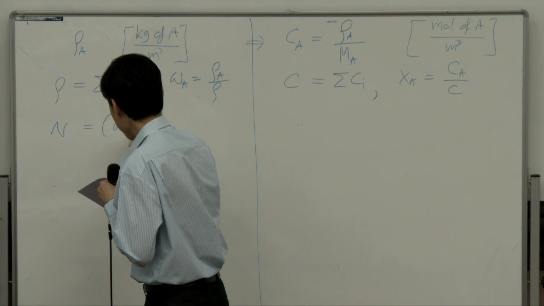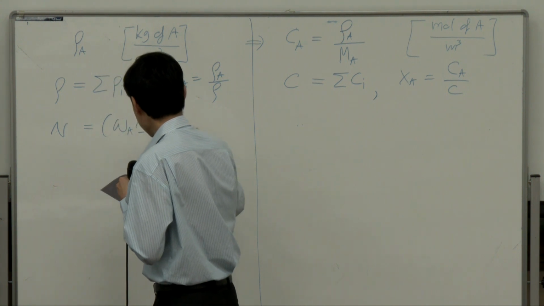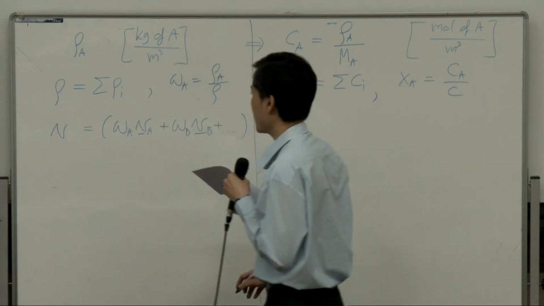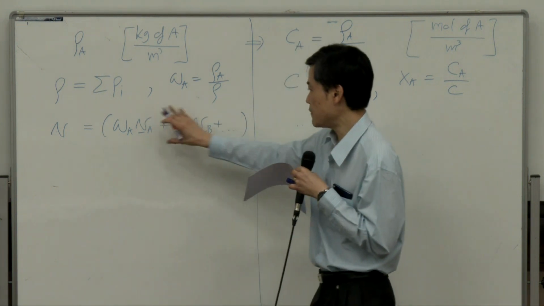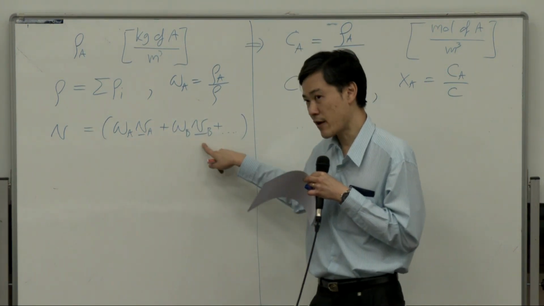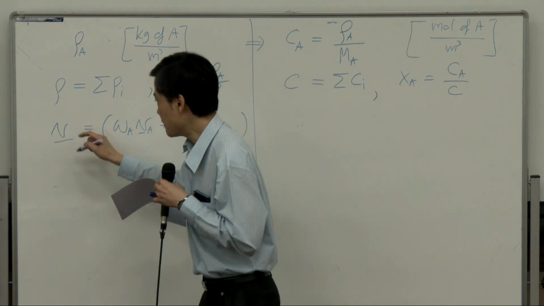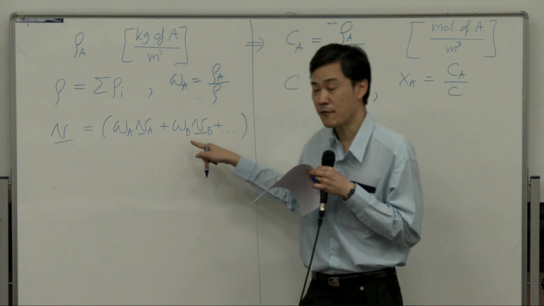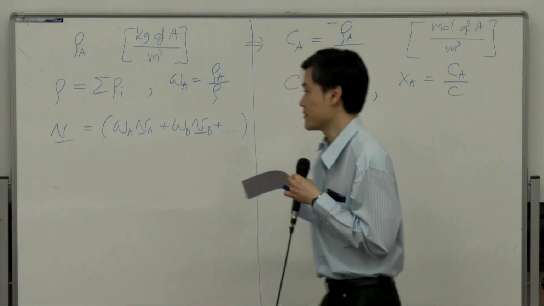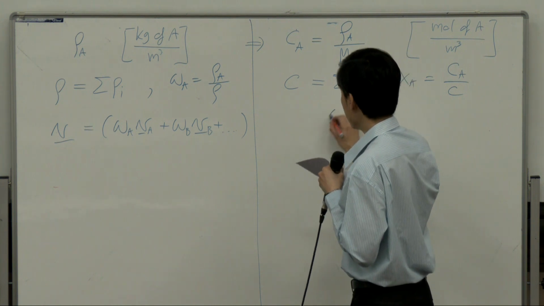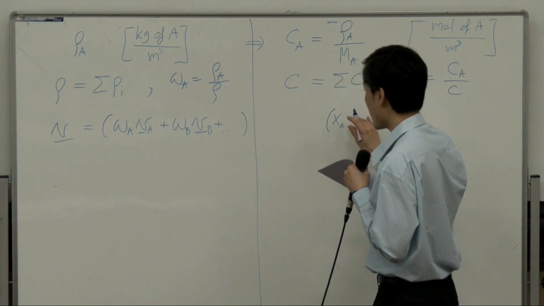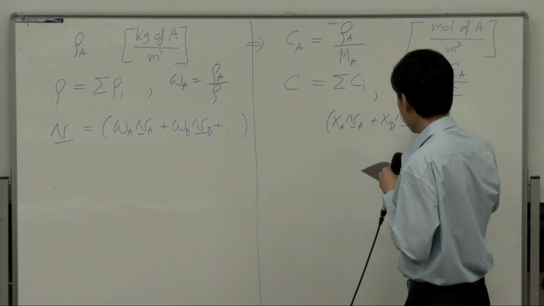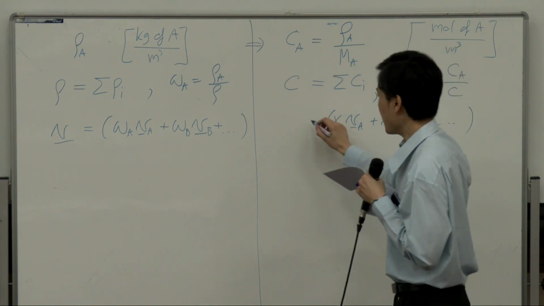So if we take omega A times VA plus omega B times VB plus whatever we have left, however many species we have, this is mass average velocity. So this is fluid velocity or mixture velocity averaged by mass. And I said from the very beginning, this is one way to do it. Another way is to use mole fraction: XA times VA plus XB times VB plus everything.